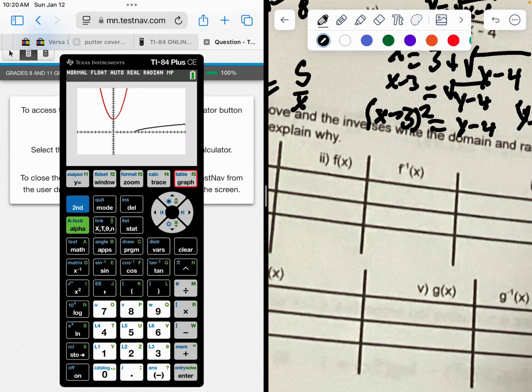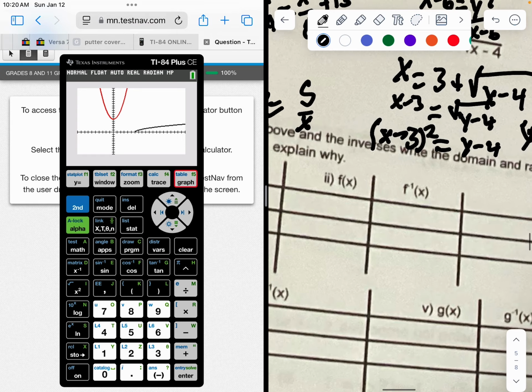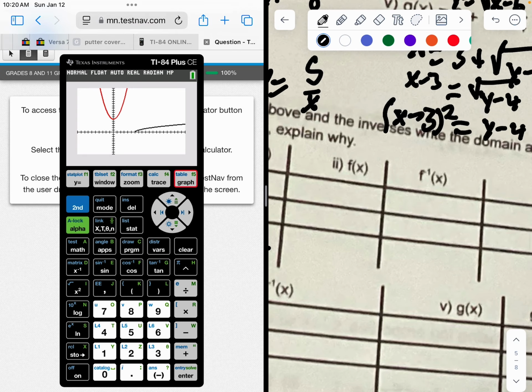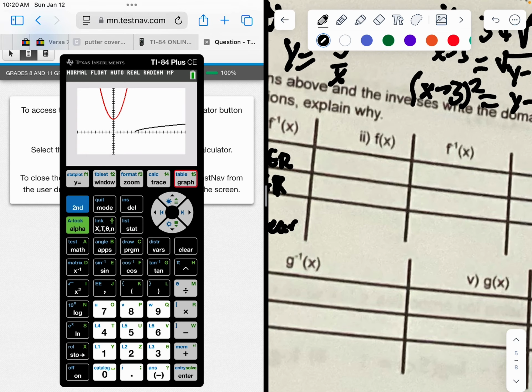So we only want the right side of it, because if we take both sides, then it's not proportionate. So we have to say x must be greater or equal to 0, because we want the right half of it.